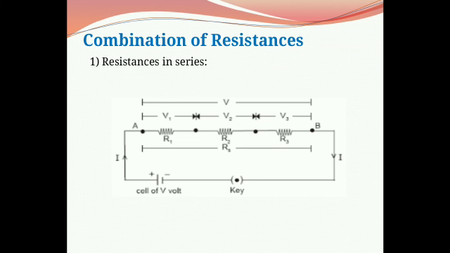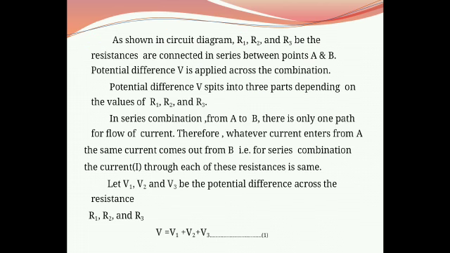Now we find the effective resistance of resistances when connected in series combination. In this diagram, R1, R2 and R3 resistances are connected in series between points A and B. Potential difference V is applied across the combination.